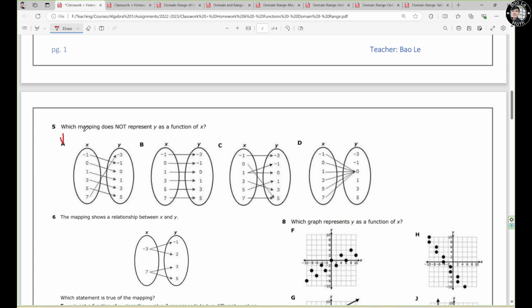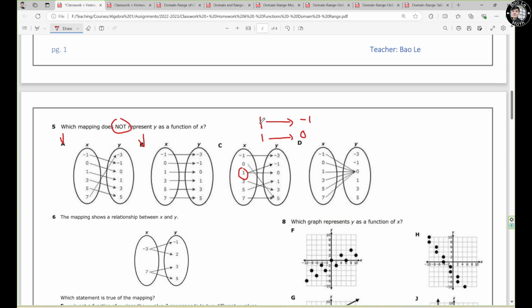But the question asks you to find the relation that does not represent a function. This one, yes, you have one arrow for each ordered pair, so this is a function. This one right here, you see 1 is repeating, because number 1 can point to -1, and number 1 can also point to 0.